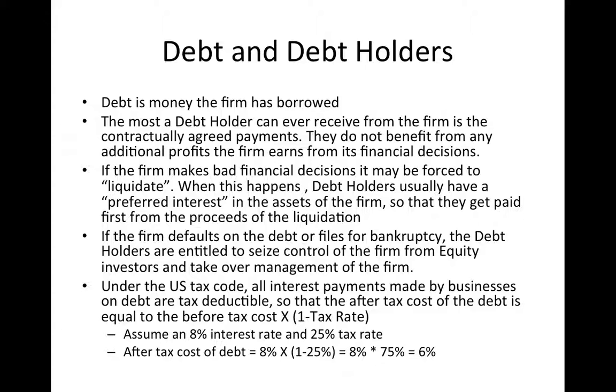The last thing that I will point out generally about debt is that under the U.S. tax code, when a company borrows money and makes interest payments on it, they are allowed to take the interest payments as expenses when they're figuring out how much tax they owe. The consequence of this is favorable for a company. Imagine the company has to pay $8,000 in interest expenses at the end of a year.